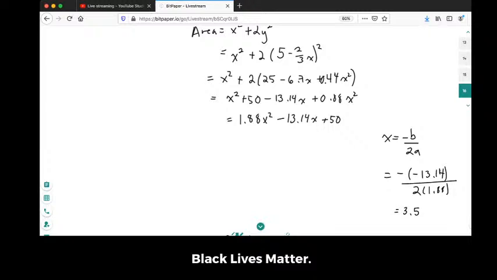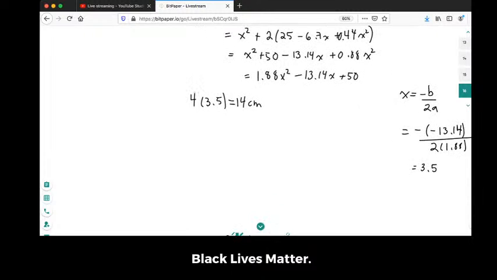So therefore 4 times 3.5, because it's a square, right? So we're timesing it by 4, is equal to 14 centimeters. And that is the piece made into the square. So now we need to find the piece of the wire that was made into the rectangle.